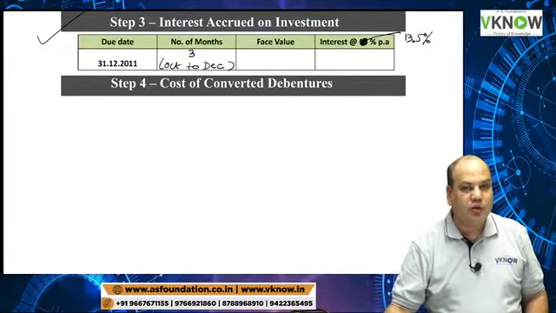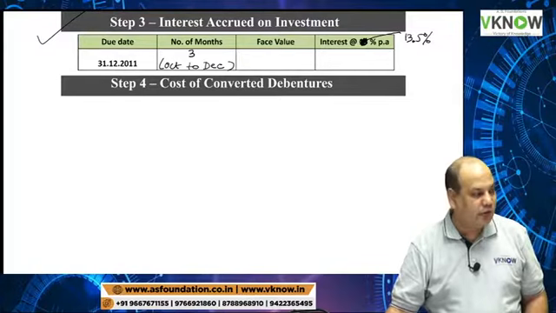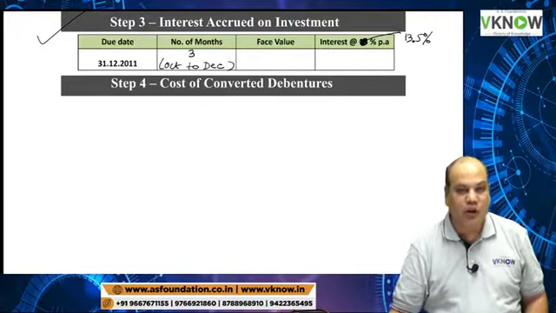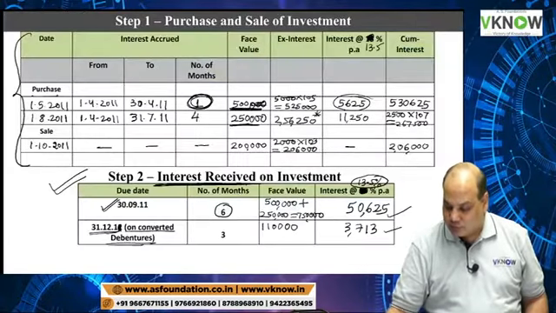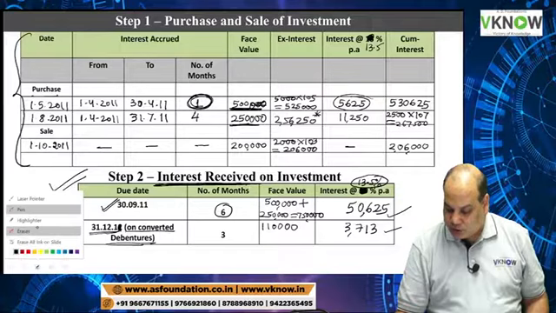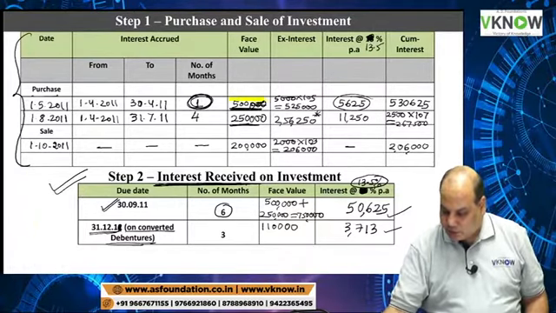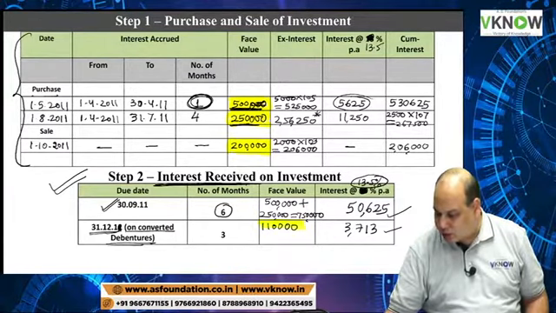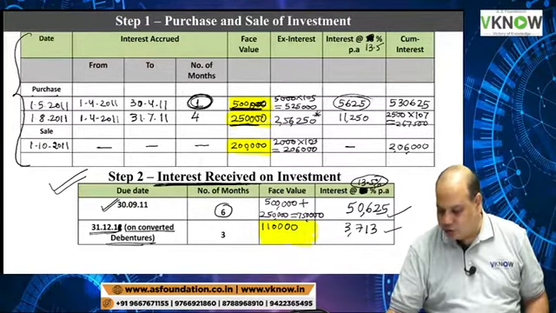Up to September, interest has been received. Now, what is the amount on which you will receive or calculate interest? Pay attention on the screen. We have purchased 5 lakh rupees here plus 2,50,000, minus sold 2 lakh, and minus converted 1,10,000.